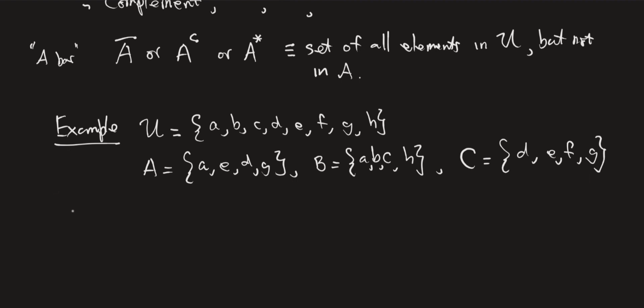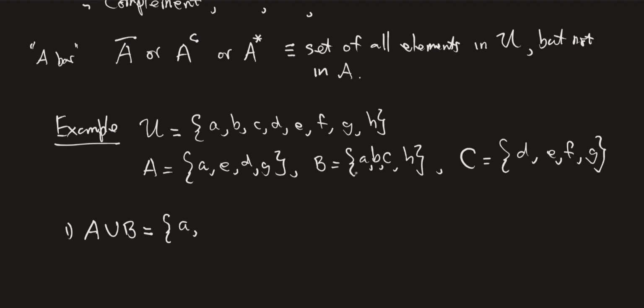So let's start with example 1. Let's say I wanted us to find A union B. All right, so the union consists of the set of elements that are in A or B or both. They both have an A in there. Even if only one of them had the element A, this would be in our union. And I'll just try to do it alphabetically.